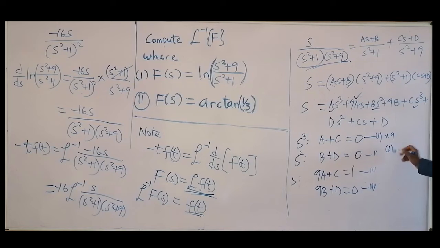Equation 1 times 9 will give us 9a + 9c = 0.